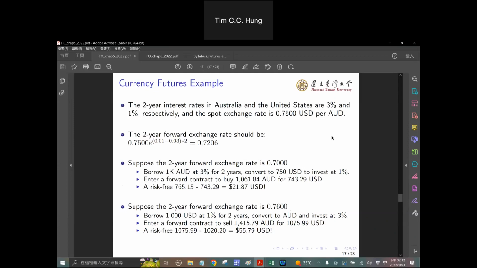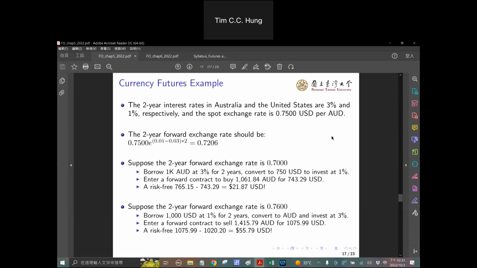So basically, it means that we have an undervaluation of such Australian dollars in 2 years. We always want to buy low and sell high. So that's the reason why we want to buy future Australian dollars through these forward contracts. That's the initial point that we begin with.